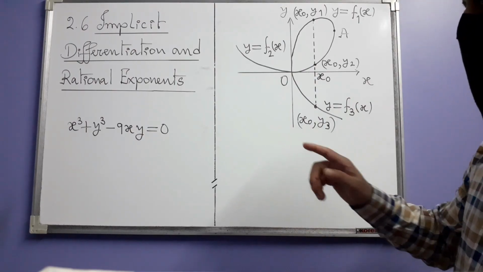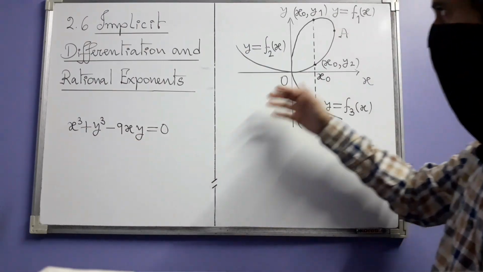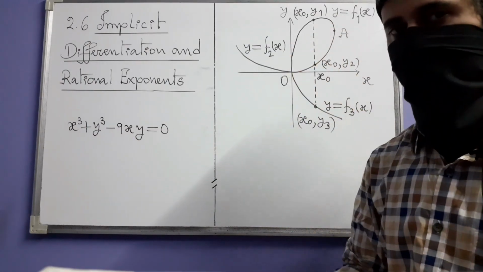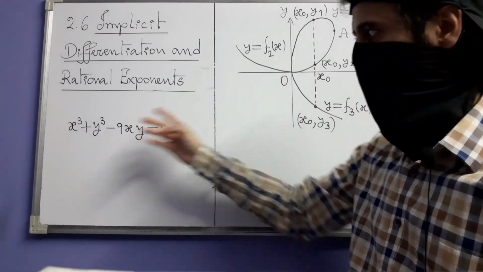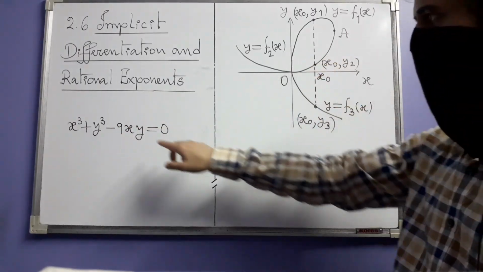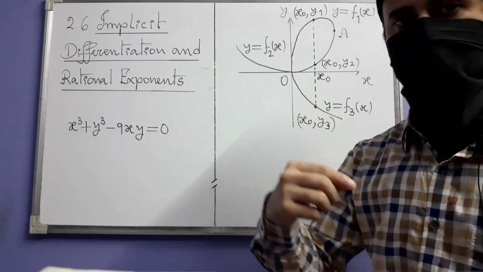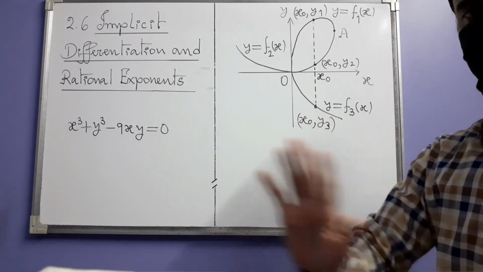Alright, now it is extremely difficult to find these functions, f1, f2, f3. Well, difficulty is a relative term. I mean, if someone wants, someone can try to find these 3 functions f1, f2, f3, trying to solve this equation for y, expressing it in terms of x, but that's a different matter.